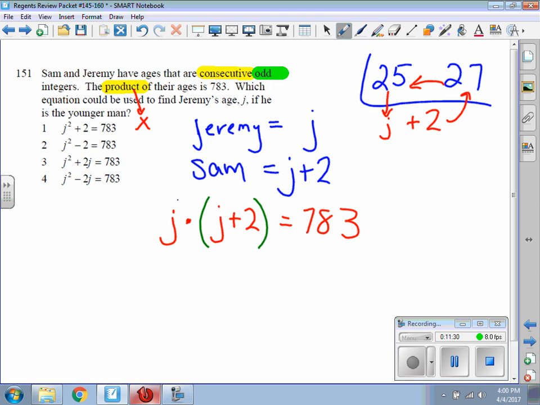Parentheses mean distribute. J times J is J squared. J times plus 2 is plus 2J. So which one has a J squared and a plus 2J? Choice number 3. So a different way of looking at these polynomials, binomials, and operations with them.